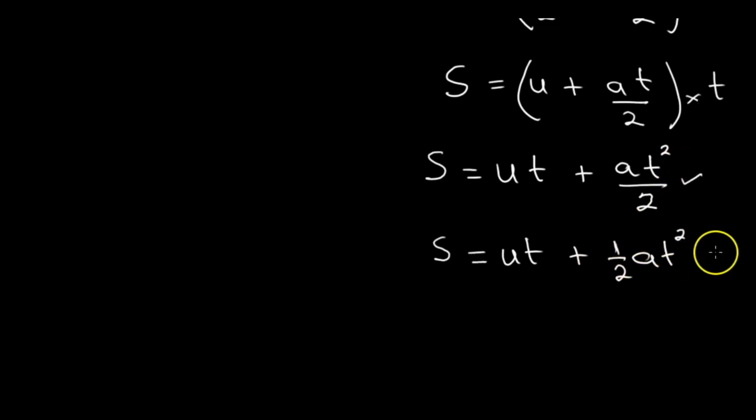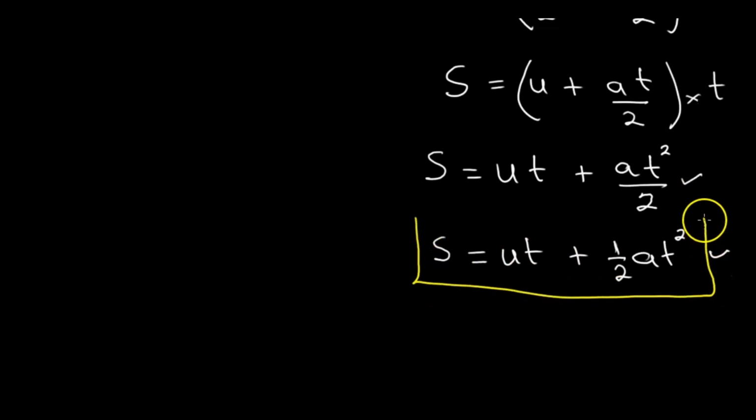Any of these two you write is correct, but this is the most popular. So at this point we have the second equation of motion. If you check here too, we have our initial velocity, we have time, we have acceleration, and we have displacement.